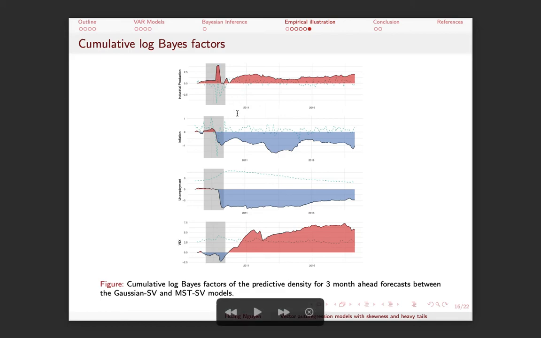However, in the case of Gaussian variables like inflation and unemployment, we will see that the models do not give improvement for inflation and unemployment. However, we will see that here we have an increasing chance in this case. So fat tail and skewness can help to forecast unemployment better after the crisis periods.